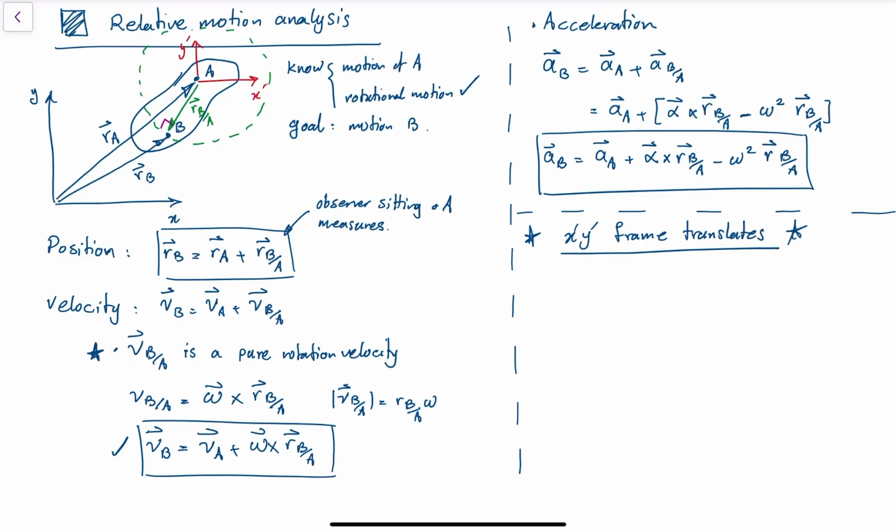This is something we will study in the final section of this chapter, relative motion analysis using rotating frames. But for now, remember that the frame translates. x prime always remains parallel to x, y prime always remains parallel to y. This frame does not rotate with the body. So that's one thing.